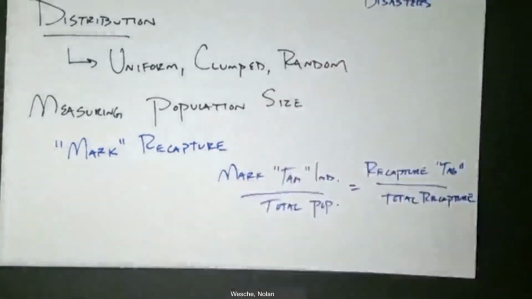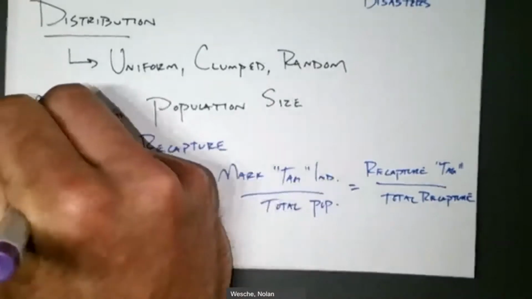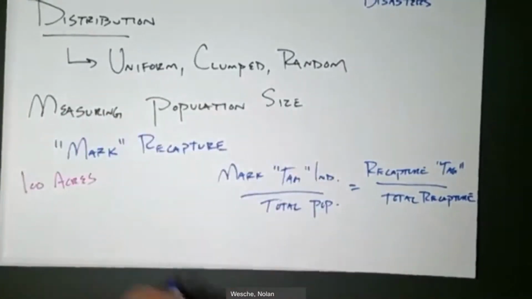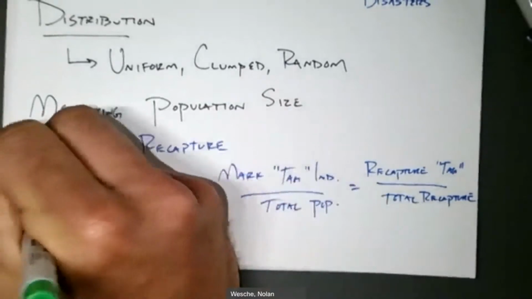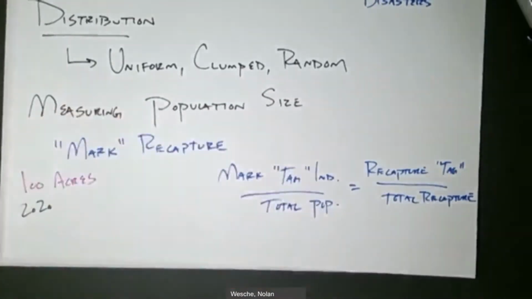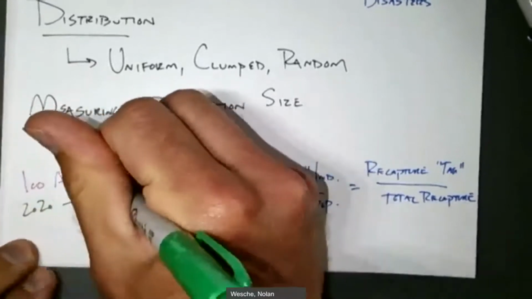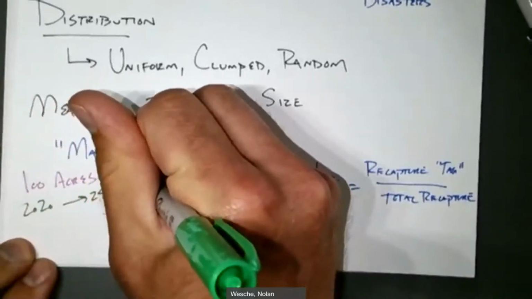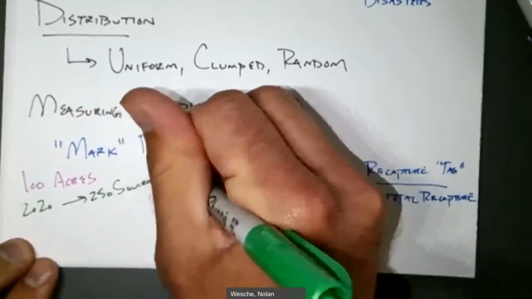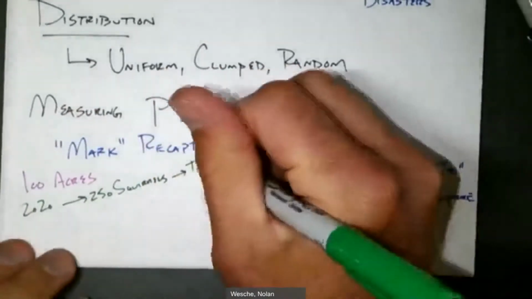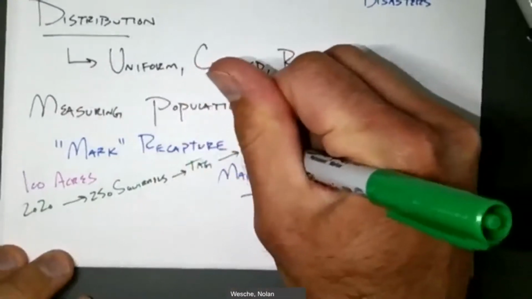So let's say that we have 100 acres of space, right? An acre is like a football field without the end zones. And let's say that in 2020, we went out in our 100 acres and we caught 250 squirrels. And we tagged them and then we released them. So tagged and then released.